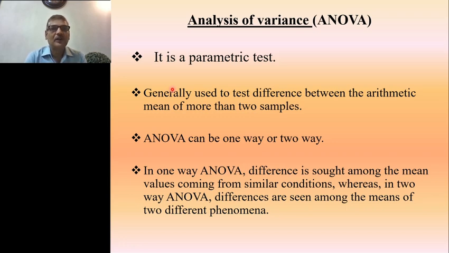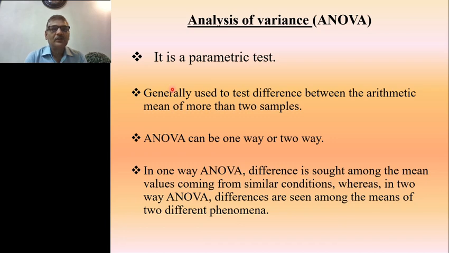Like in the chi-square test, we need expected values, and such values are obtained based on some hypothesis. Or in other kinds of tests, the quantitative values are actually ranked. So in their case, mean values or other kinds of values are not actually calculated.